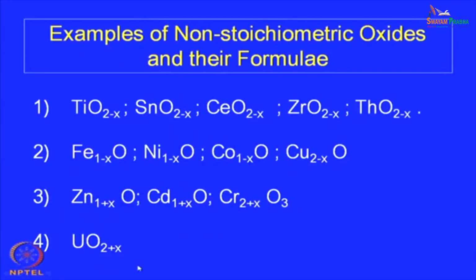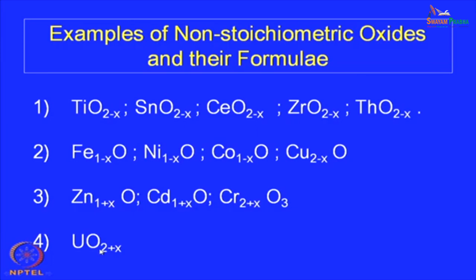So far as the conduction process is concerned, there are many other aspects one can understand from this information. And the last group has only one compound, UO2 plus X, which is uranium dioxide, and it has oxygen interstitials.